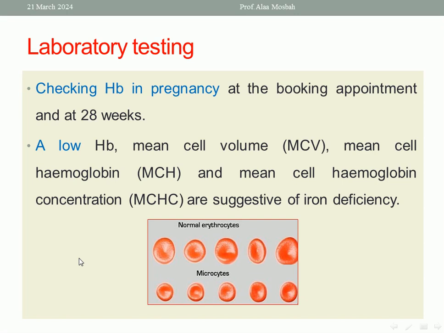We know that iron deficiency anemia causes microcytic hypochromic anemia with decrease of hemoglobin, mean cell volume, mean cell hemoglobin, and the mean cell hemoglobin concentration. As you see here, this is smaller in volume, less hemoglobin, and less hemoglobin concentration. This is the microcytic hypochromic anemia, characteristic of iron deficiency anemia.